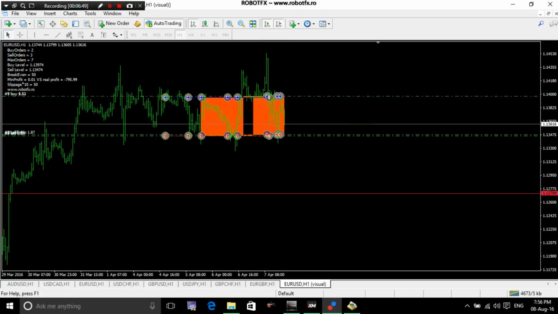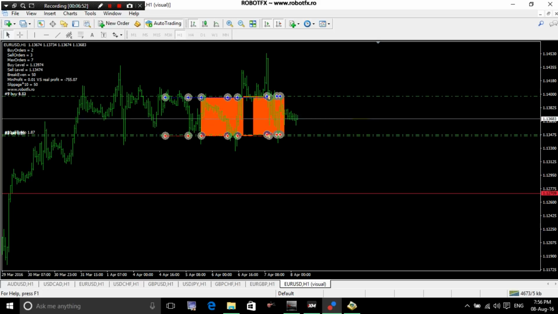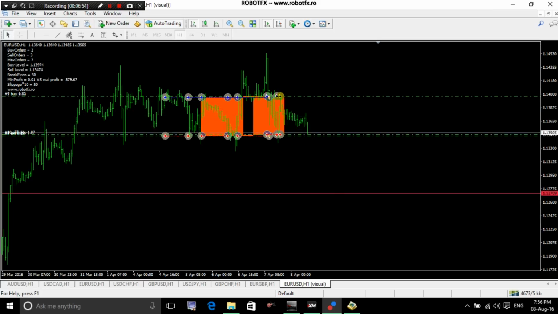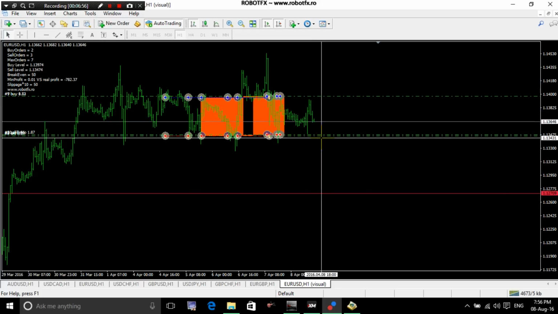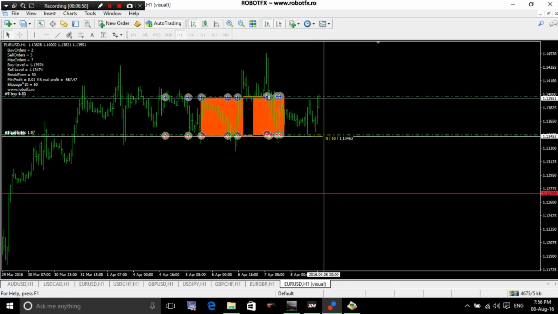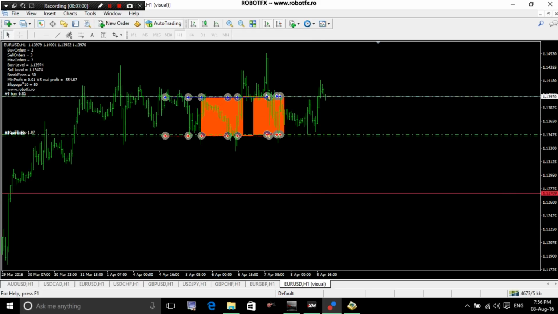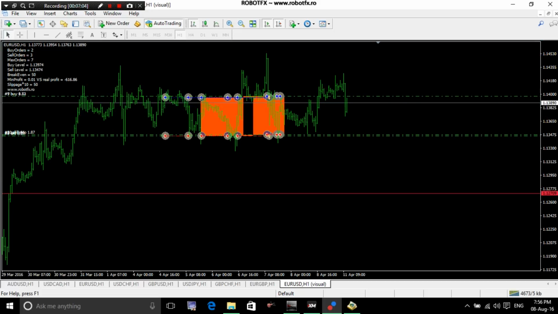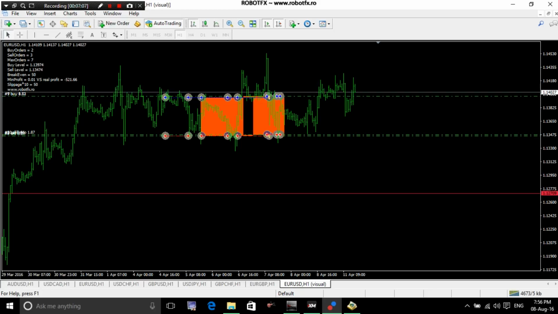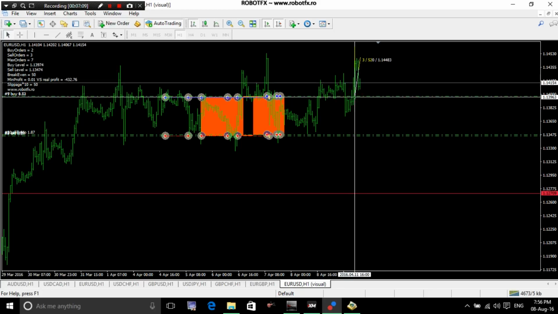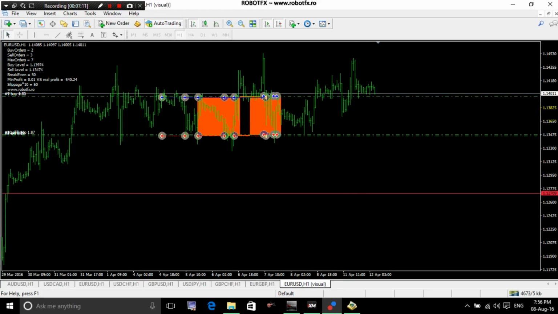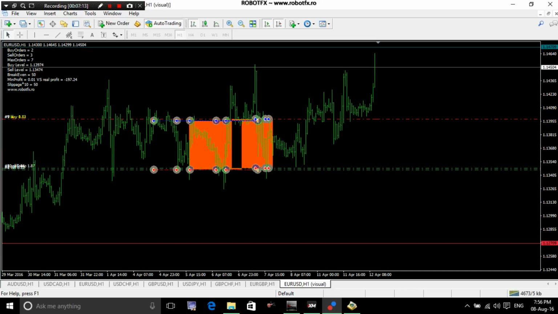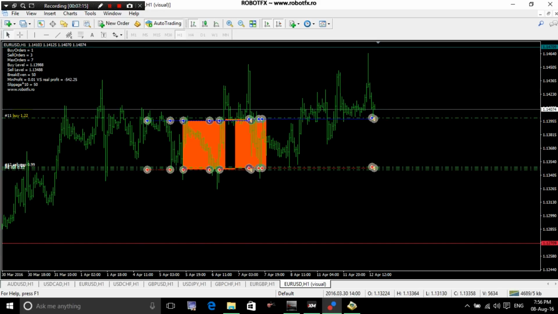Only that now the recovery zone is a little higher. The previous open sell, which is open already, remains. We cannot close that because we would close it at a loss. And again, we wait to see what's happening. Will it go higher or down? If it goes higher, we are covered by this hedge buy.